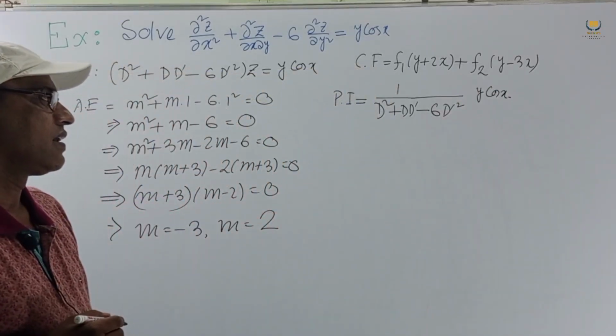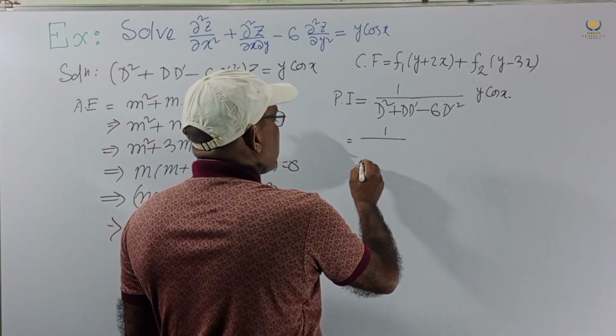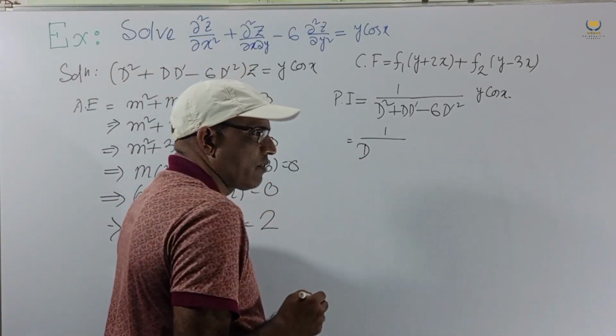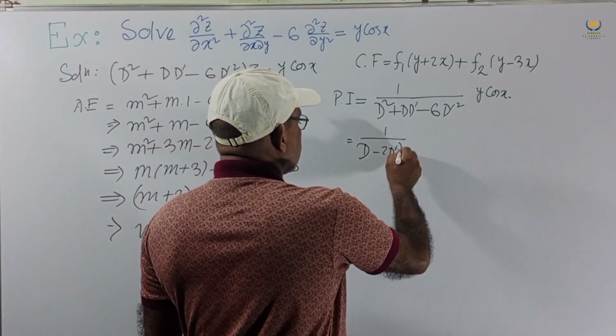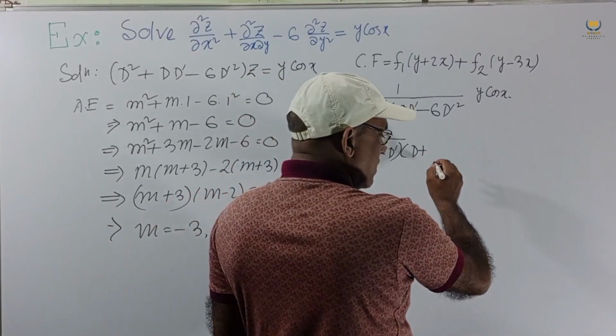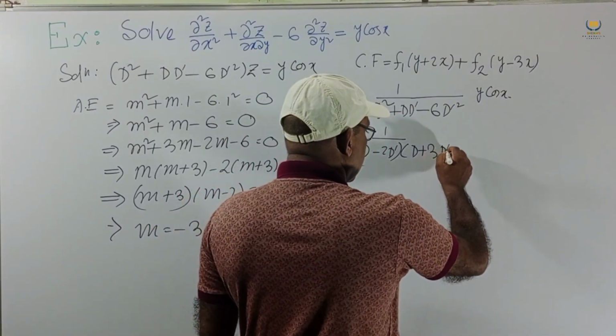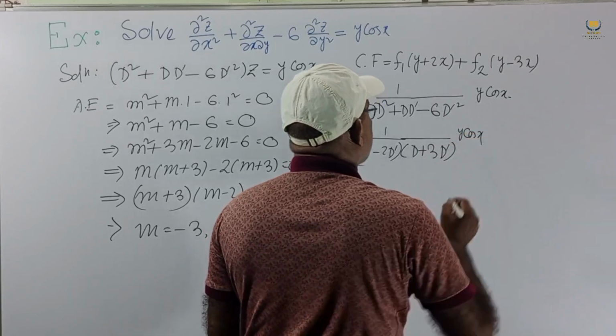We get this. Now if we factorize this denominator, then we get (D - 2D')(D + 3D') y cos x.